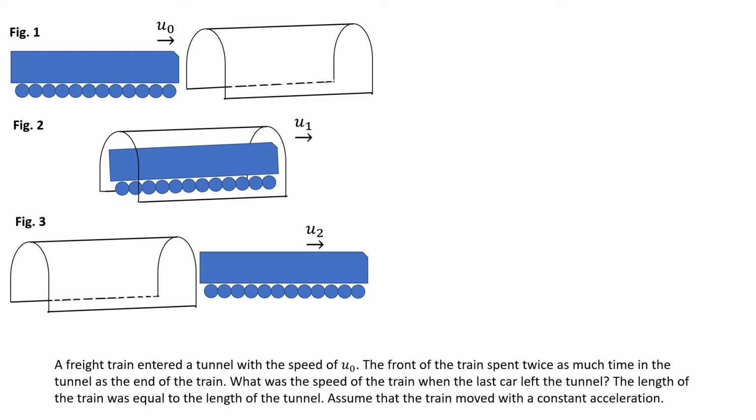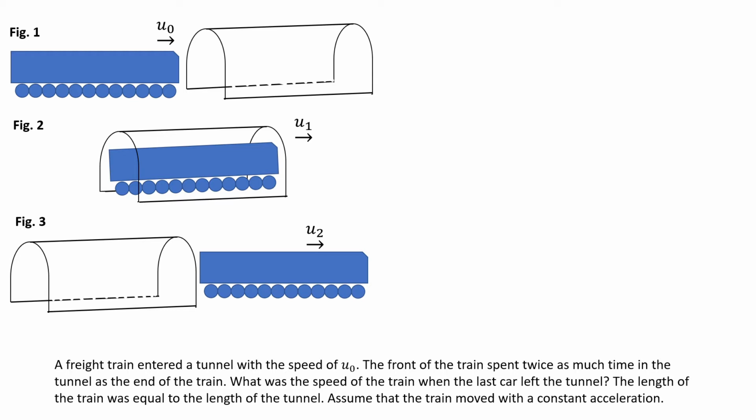Sometime later, the train is fully in the tunnel and about to come out. The front of the train is about to come out from the tunnel, and the train at that time moves with velocity u1.